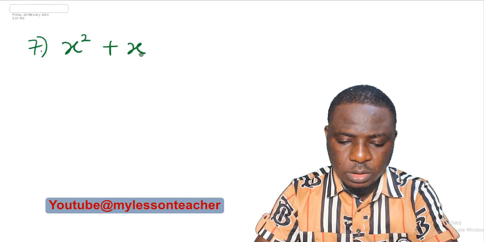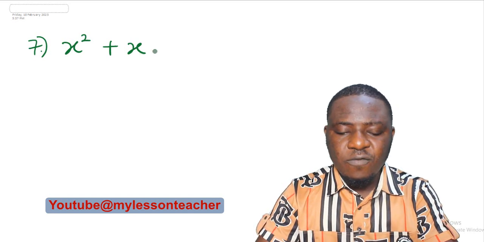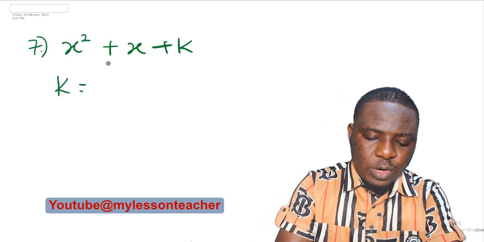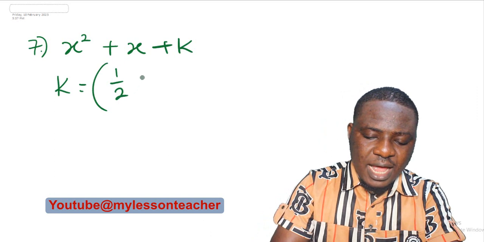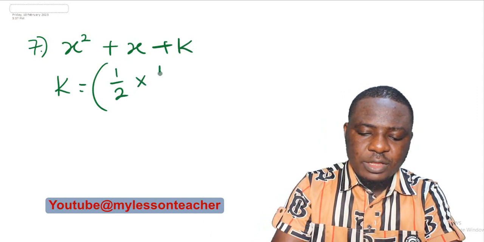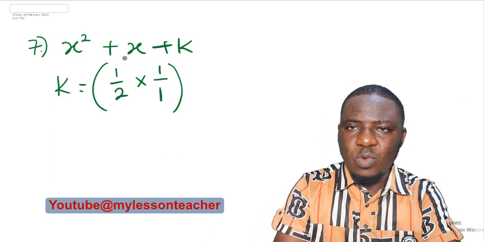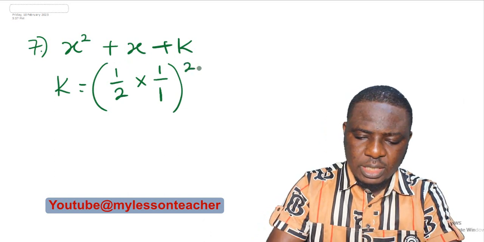That's what we have done. Then find k, which is defined as half of the coefficient of the second term, and the coefficient of the second term is 1 because we have plus 1x.